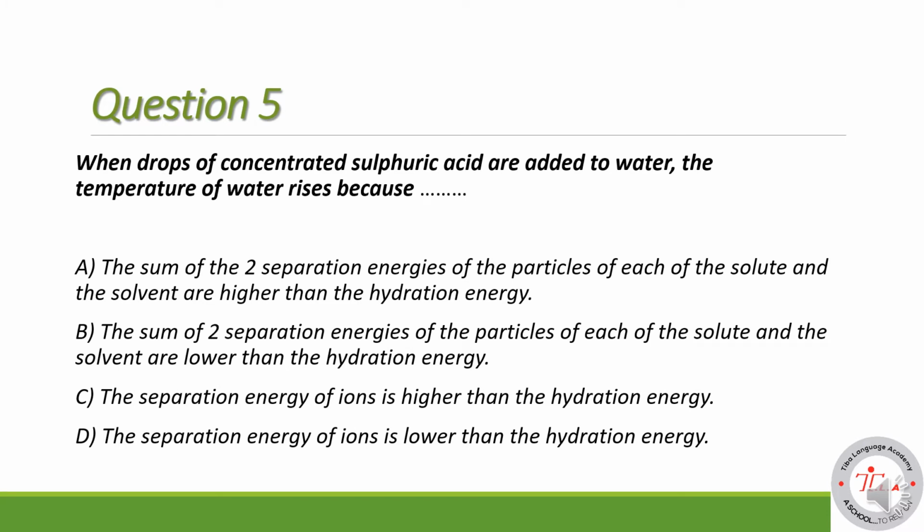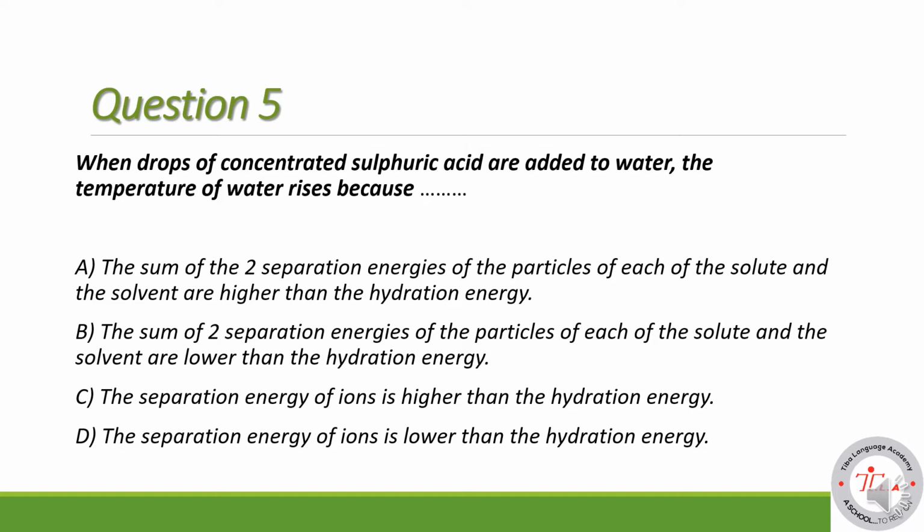Question 5. When drops of concentrated sulfuric acid, that is H2SO4, are added to water, the temperature of water rises because: A. The sum of the two separation energies of the particles of each of the solute and the solvent is higher than the hydration energy, meaning that H1 plus H2 is bigger than H3. B. The sum of the two separation energies of the particles of the solute and the solvent is lower than the hydration energy, meaning that H1 plus H2 is smaller than H3.